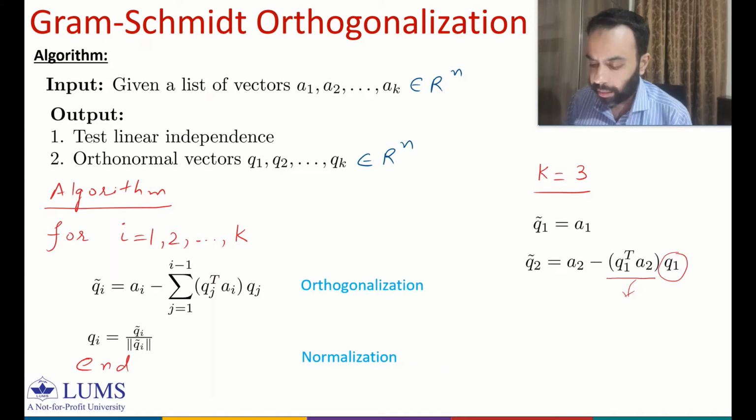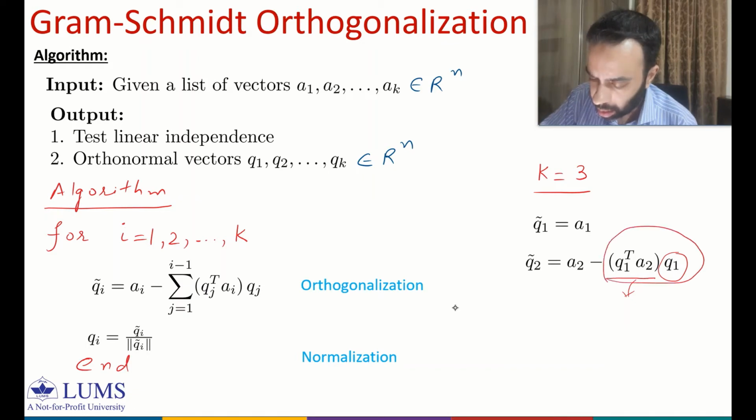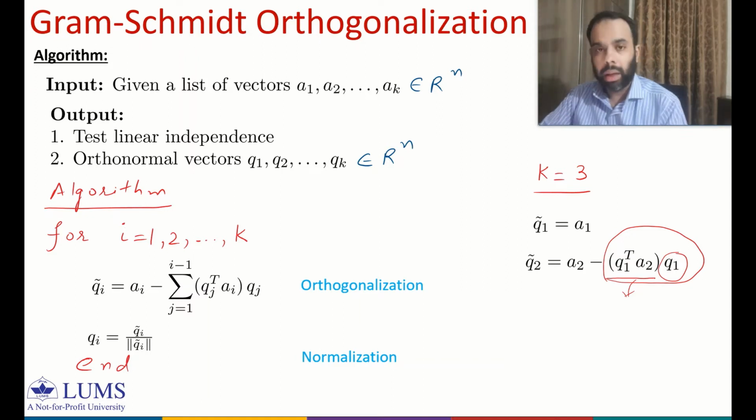When you subtract this quantity from a2, you get a vector that is not orthonormal, but orthogonal to q1. And when you divide q2 tilde by its norm, you get q2 that is orthonormal to q1, right?